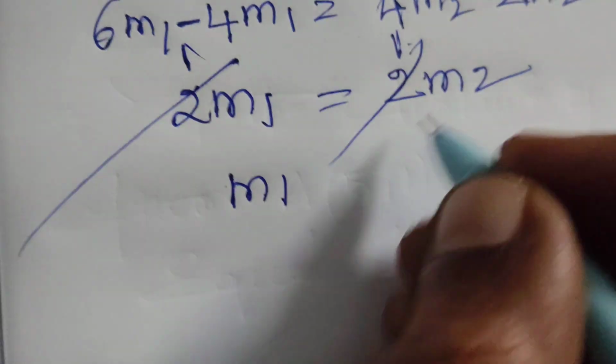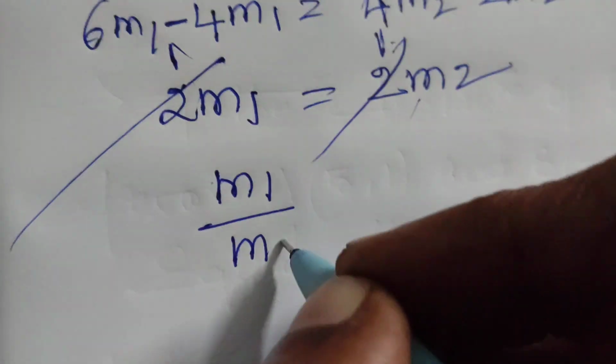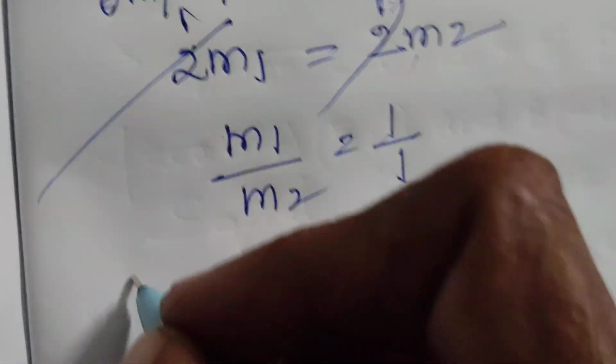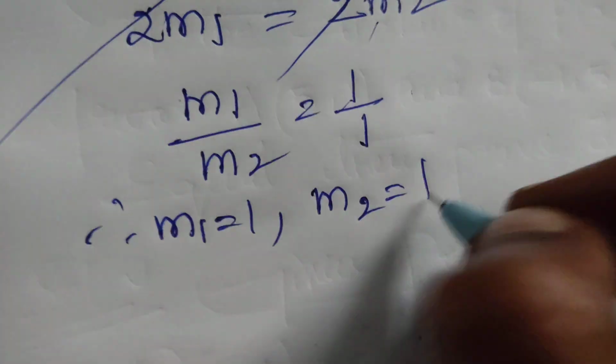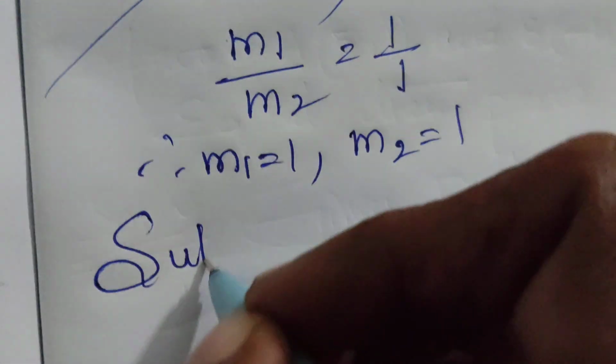Therefore m1 by m2 equals 1 by 1, so m1 equals 1 and m2 equals 1. Substitute.